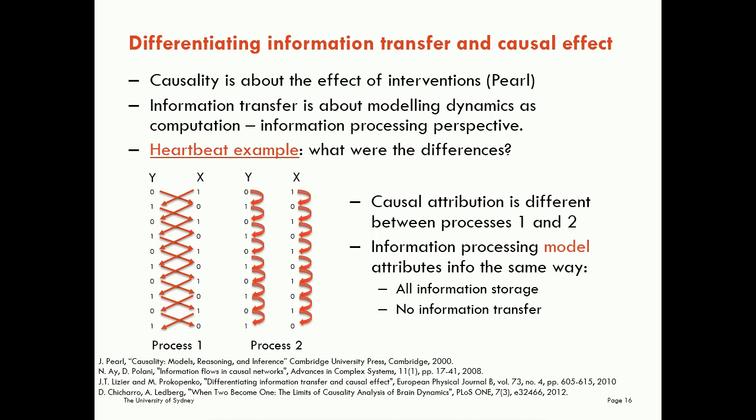And yet the information processing model perspective would attribute information the same way, modeling both of these processes as being solely information storage in x and y and having no information transfer. Again, one is not more correct than the other. They're different concepts answering different questions. If we want to model information processing the way it's described, then we take this perspective of looking at storage first and then transfer, and that gives us the same answer in these two processes.